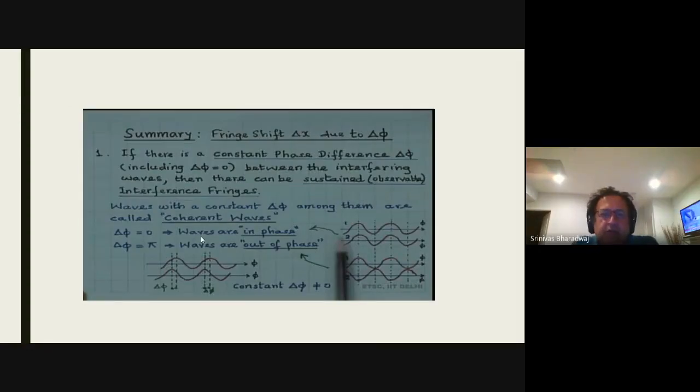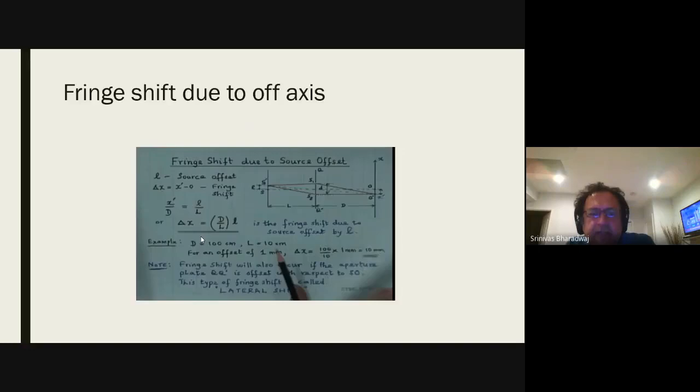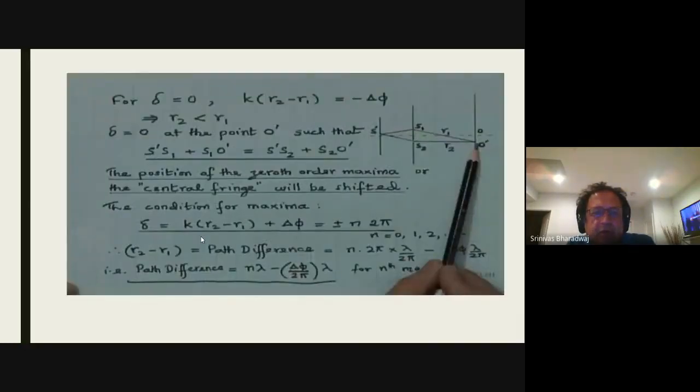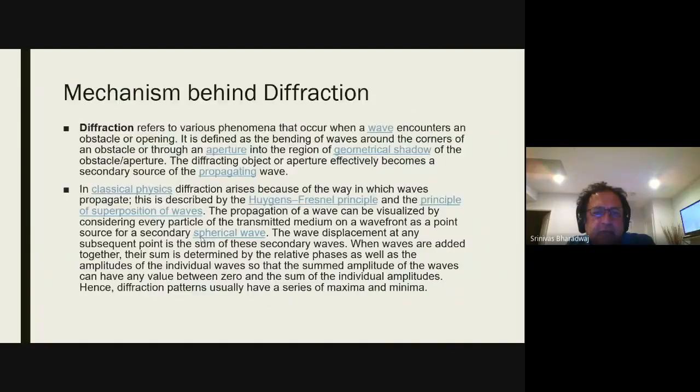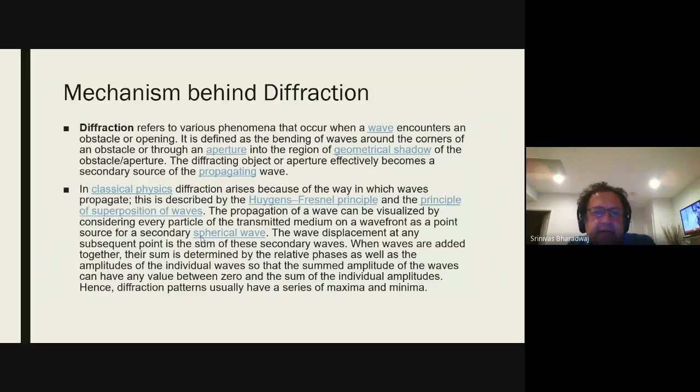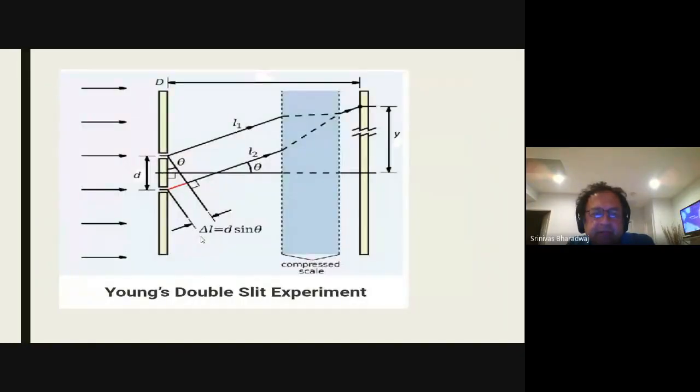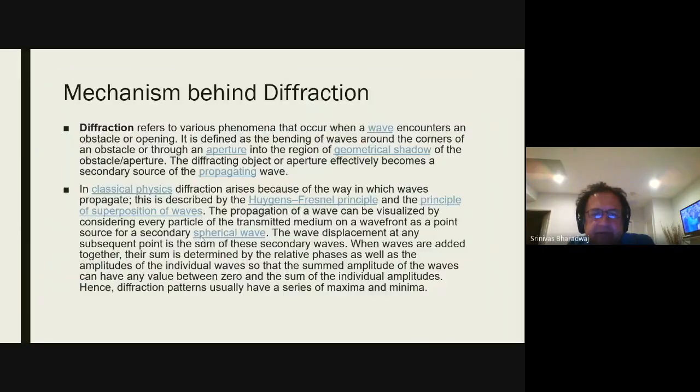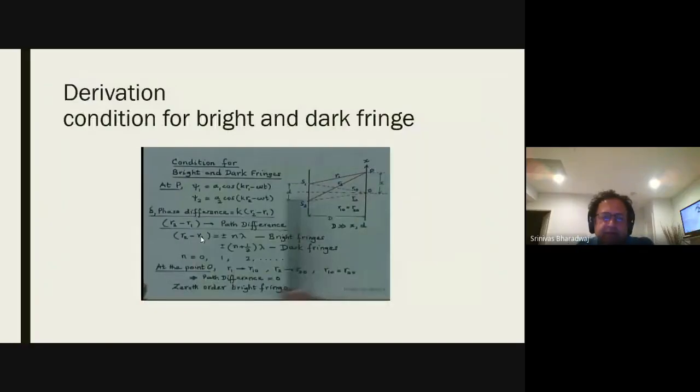Okay? So now we've discussed the fringe shift, constant phase difference, and we've also explained what happens with a coherent wave in the context of Young's double slit. So delta L, as we explained, if the path difference is n wavelengths, you will have a bright fringe.